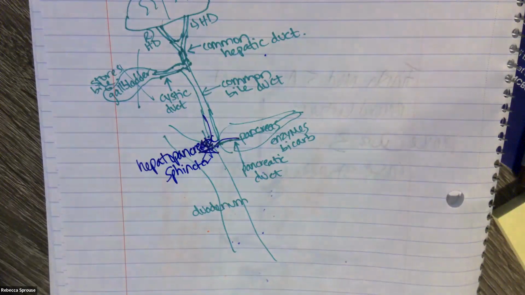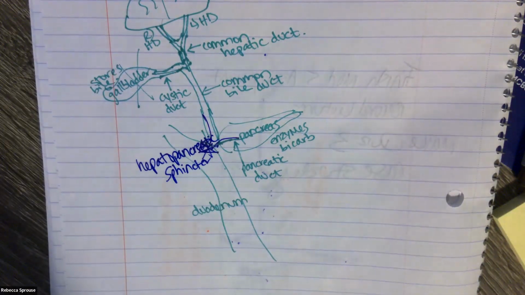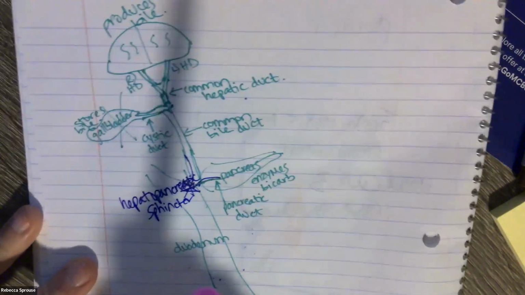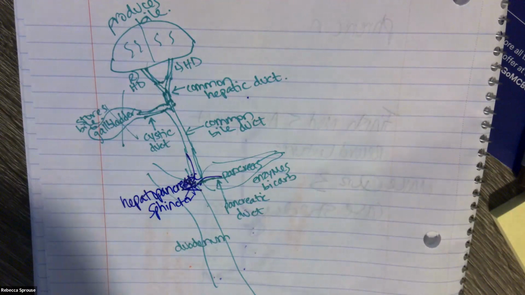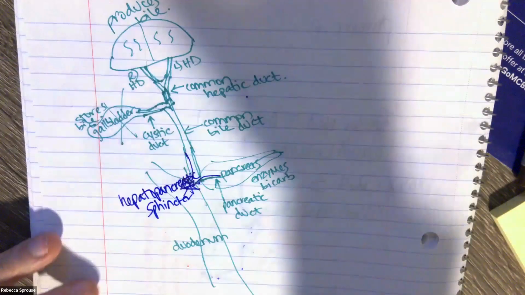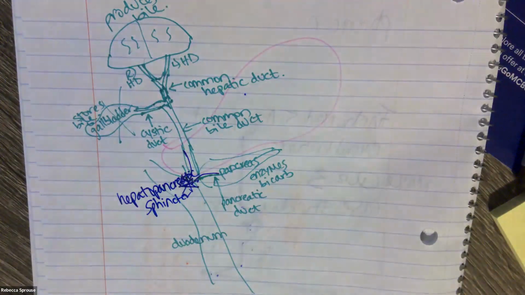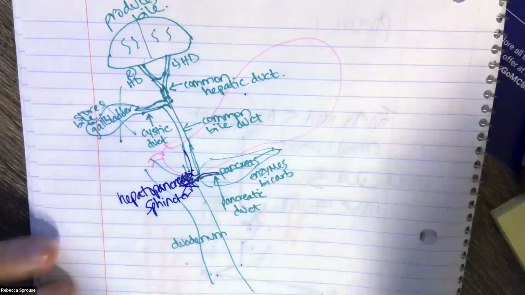Now, this is very stretched out compared to what the anatomy actually looks like, but it's easier to visualize than the actual anatomy. If we were to draw in the stomach as well, the stomach would kind of sit here, over that pancreas, because remember that the stomach dumps into the duodenum.